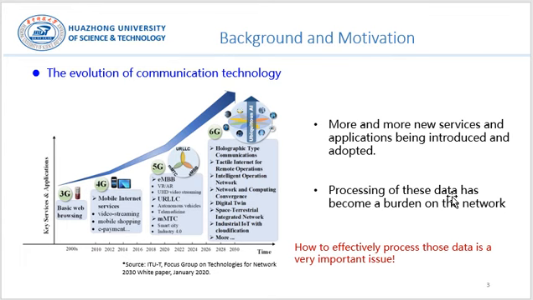As the figure shows, with the development of mobile communication technology, the next generation communication technology is expected to support a plethora of new services and applications. Large amounts of unprocessed data generated at the edge of the network is an issue.